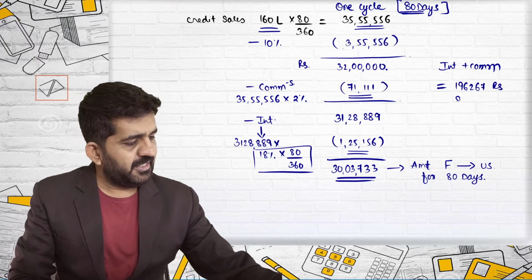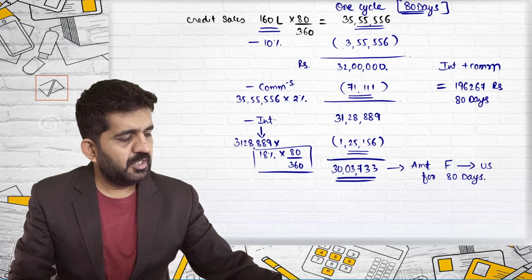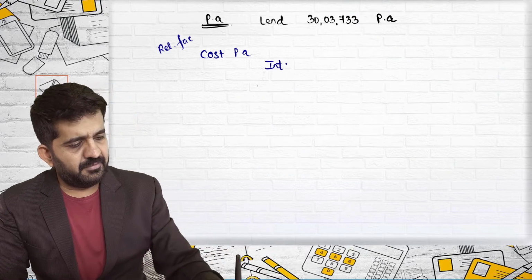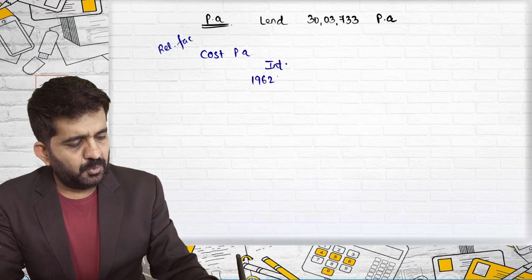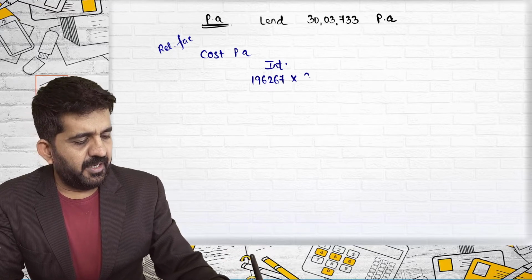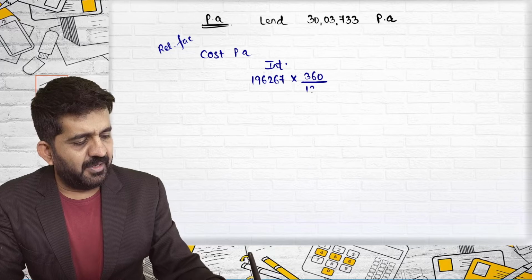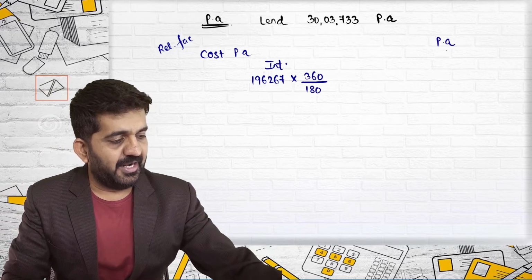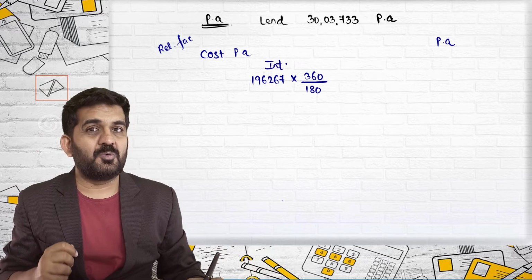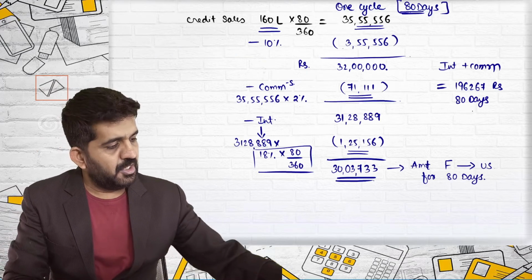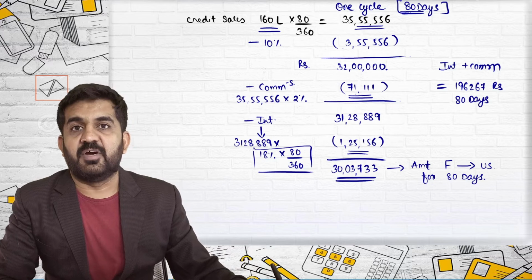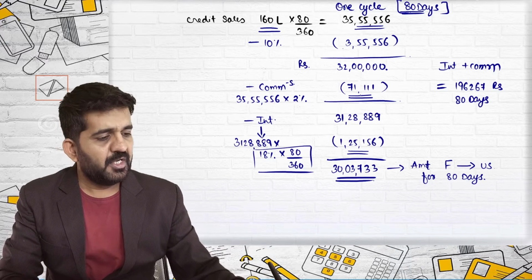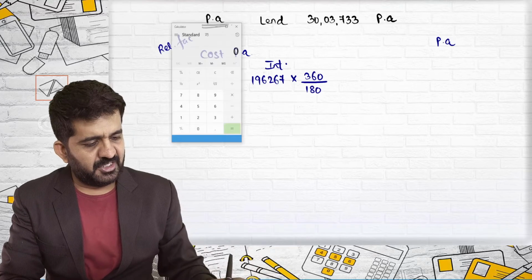This is for 80 days. I need to convert it into 360 days. My commission cost will not be 71,111; it will be multiplied by 360 divided by 80, because this is only for 80 days.